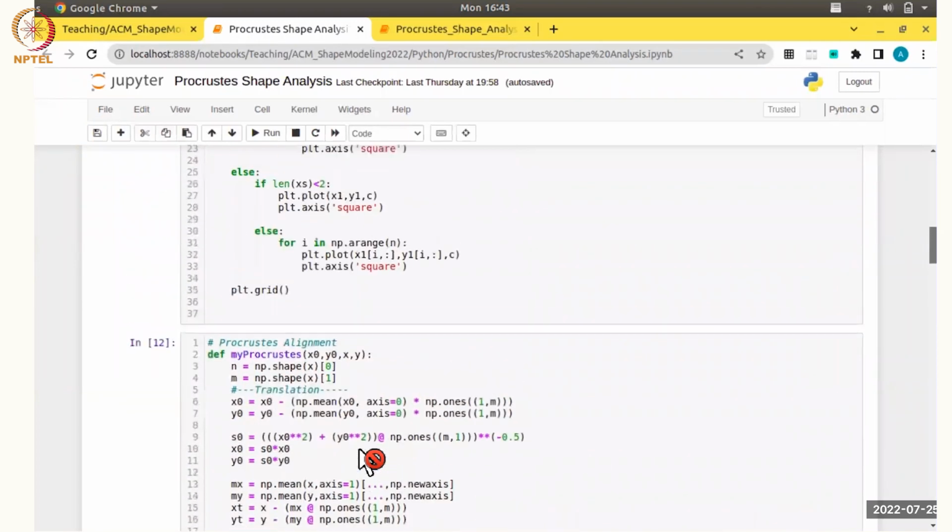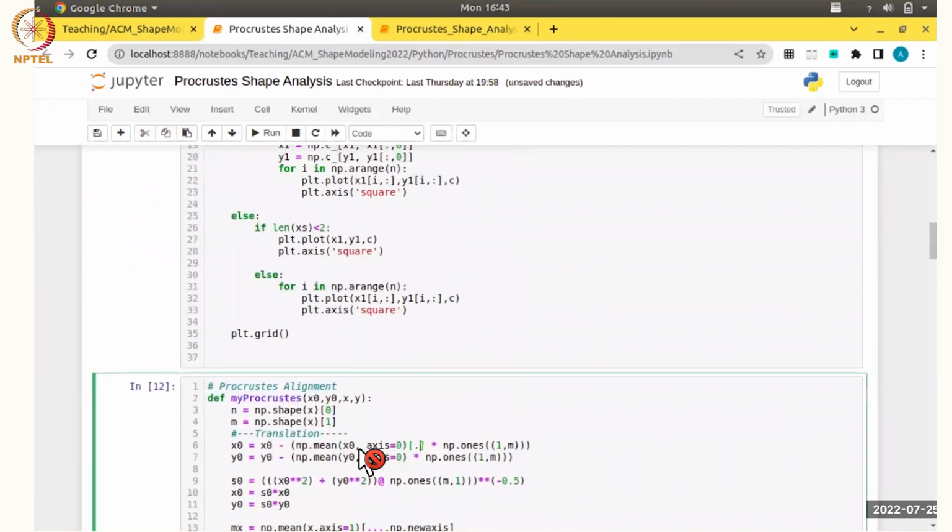Let me just try this. It would not work out if it's not minus. Automatically it does broadcasting.